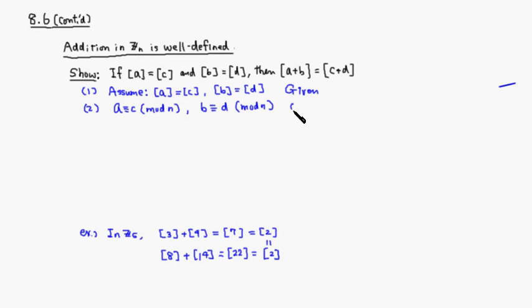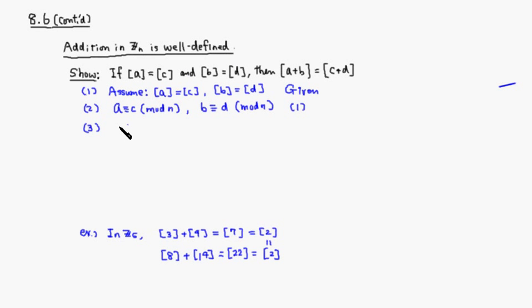This comes from line 1, then 3. So A minus C is divisible by n, and B minus D is divisible by n.